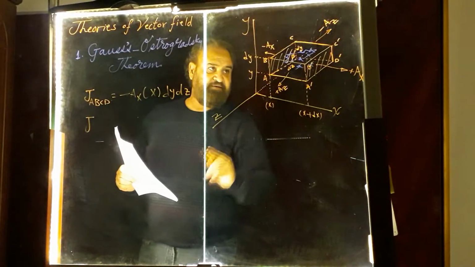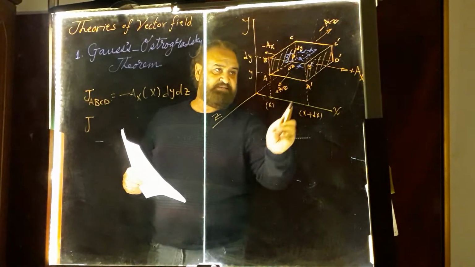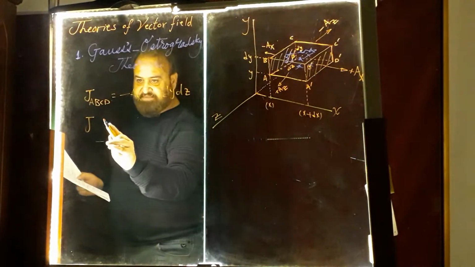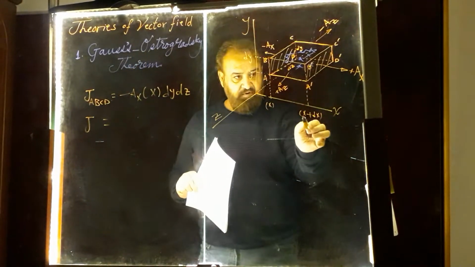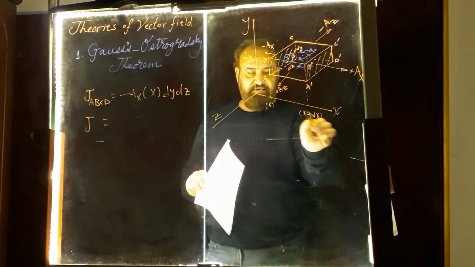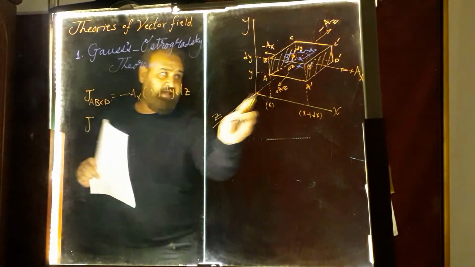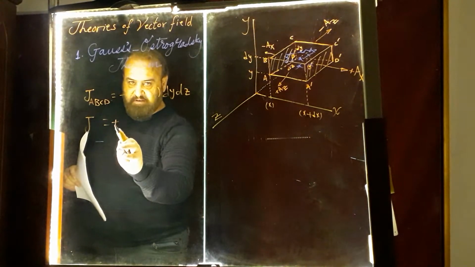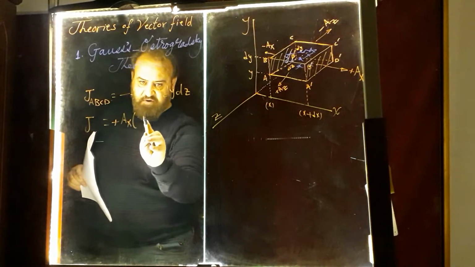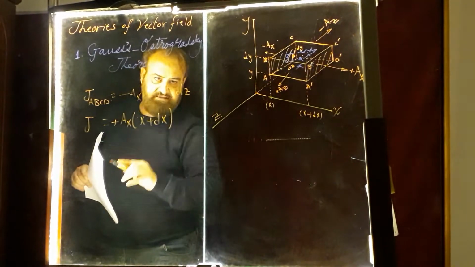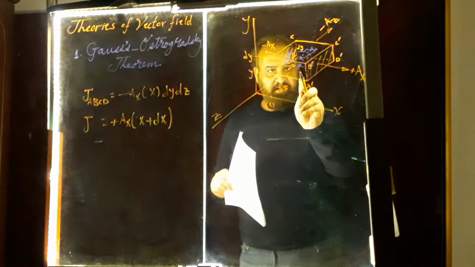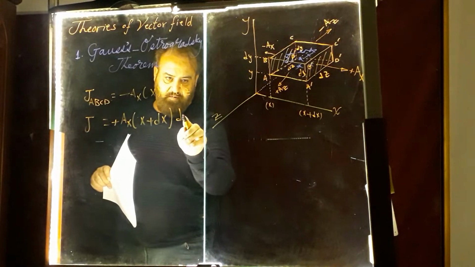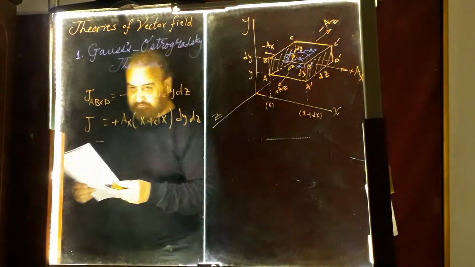And the flux of the opposite side of the box, which is A prime, B prime, C prime, D prime, is equal, at this point x plus dx, and we are in the plus direction of the x-axis, plus A sub x of x plus dx, and again dy and dz.